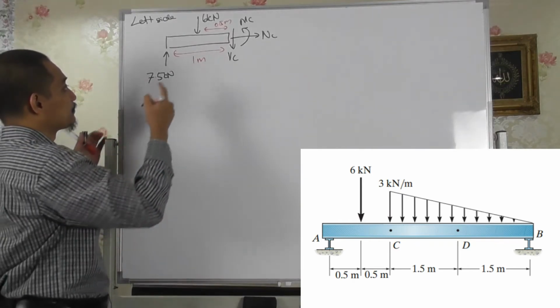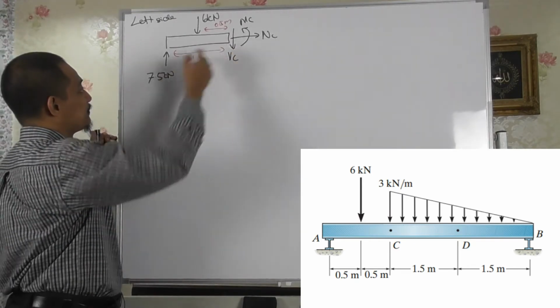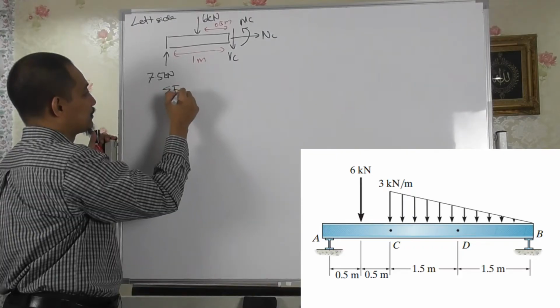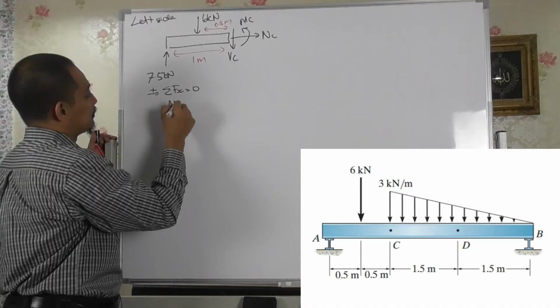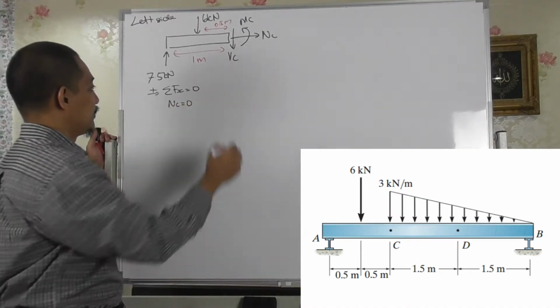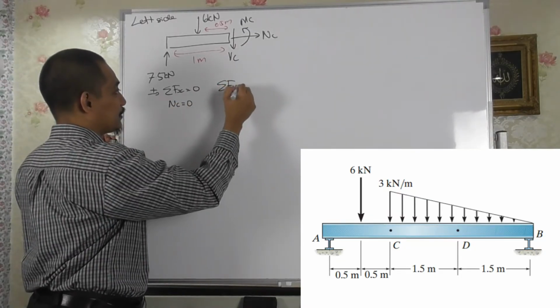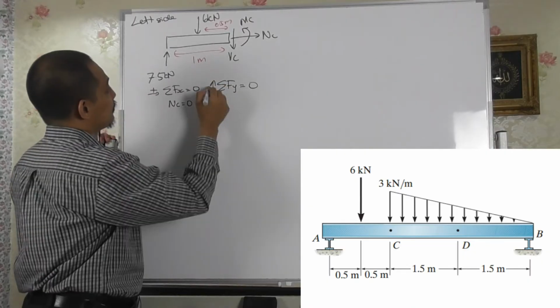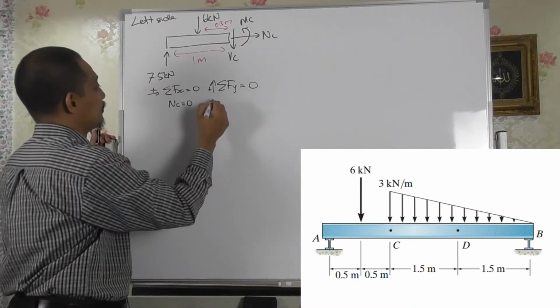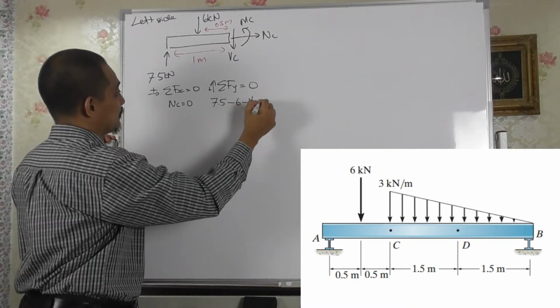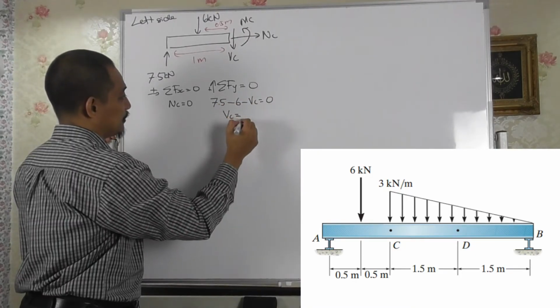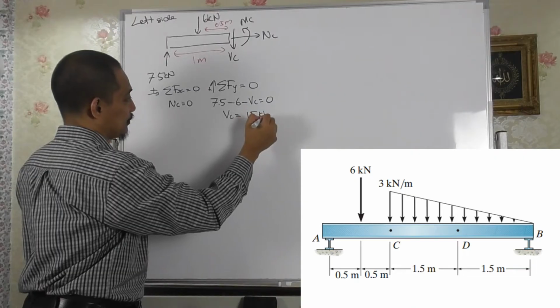Okay, so if you do summation of Fx equal to 0, you will get NC equal to 0. If you do summation of Fy equal to 0, then you have 7.5 minus 6 minus VC equal to 0, so VC equal to 1.5 kilonewton, right?